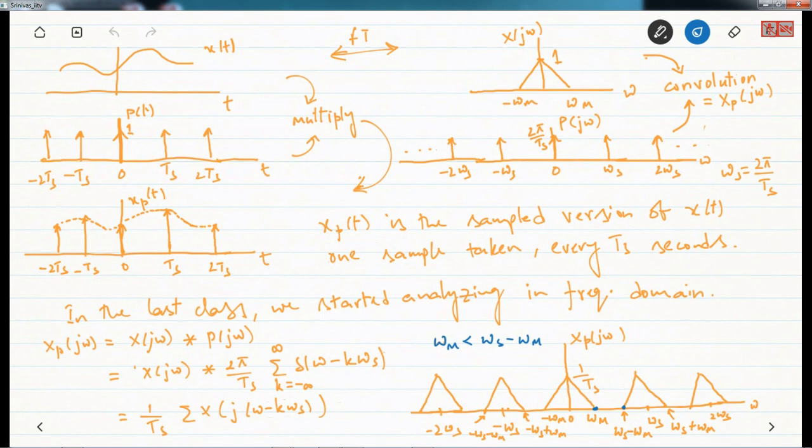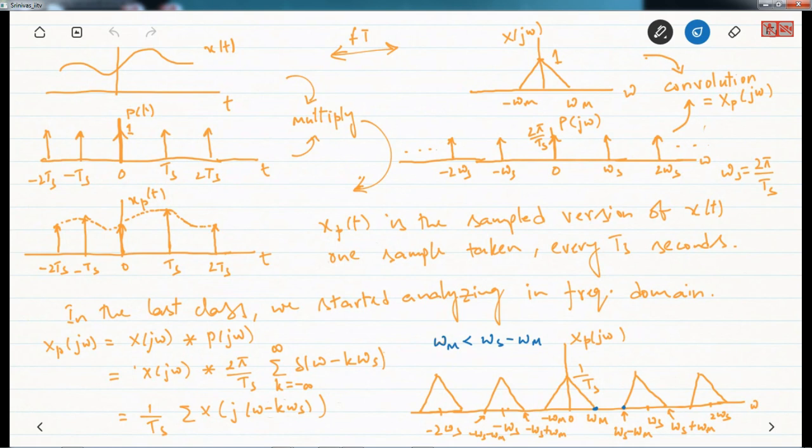How we started the sampling discussion was, we said if there is a continuous time signal x of t which is band limited or frequency limited to some frequency omega m, then we can sample the signal at some rate, and then from those samples we can get back the original signal x of t. We said that by sampling the signal, the samples uniquely represent x of t.